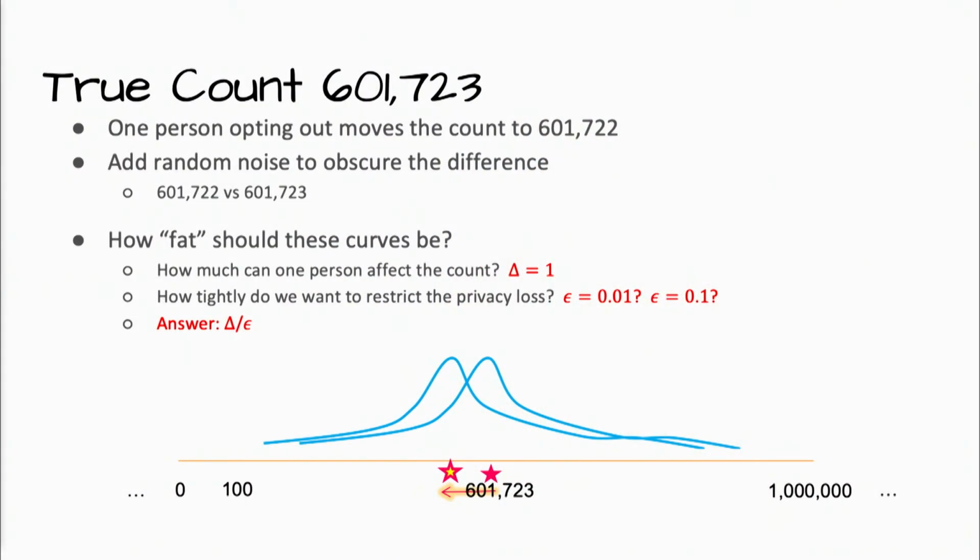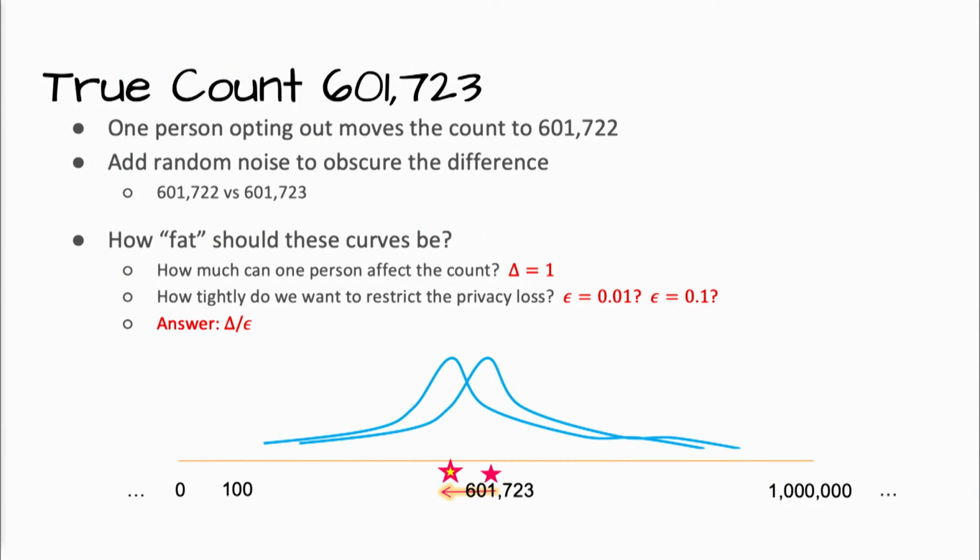So the answer turns out to be that the standard deviation should scale with the sensitivity divided by the privacy loss. And just to see that this makes sense, if adding or deleting my data would radically change the value of the function, then we need a very fat curve to hide that change.